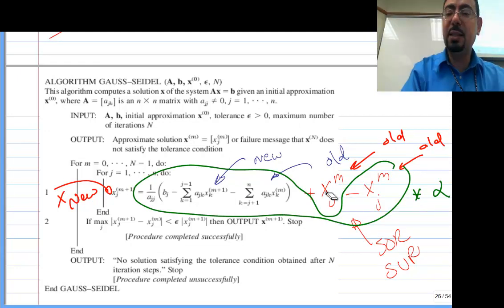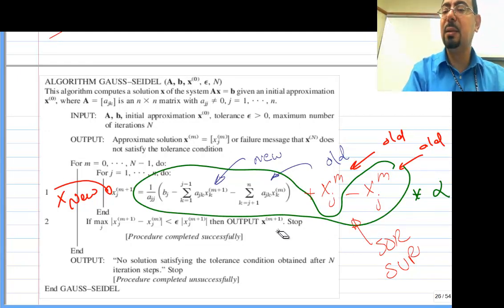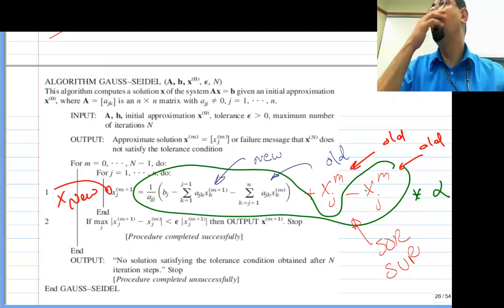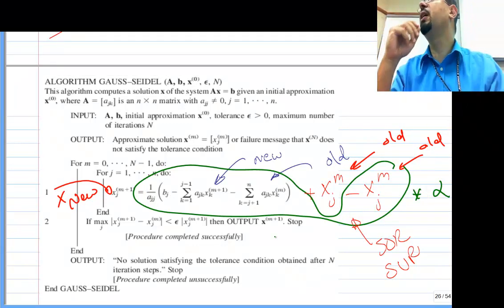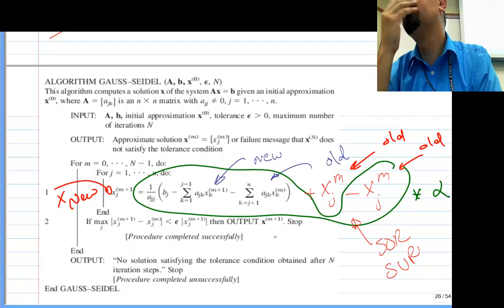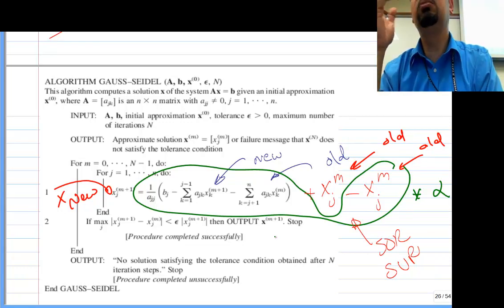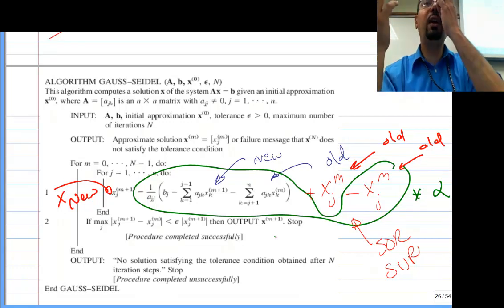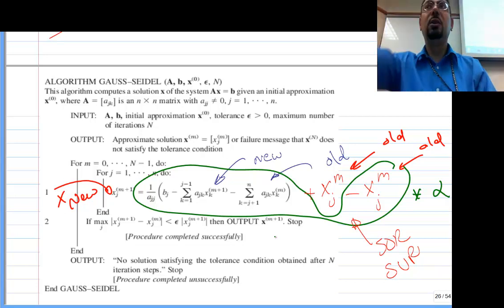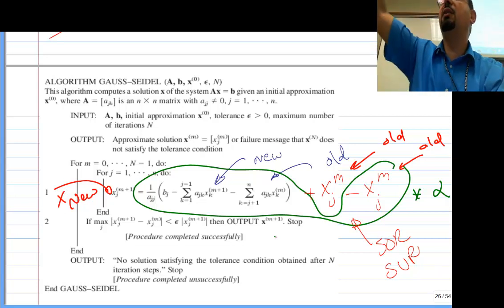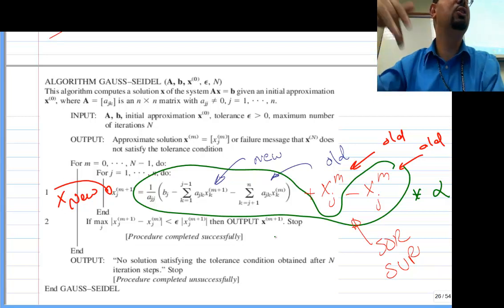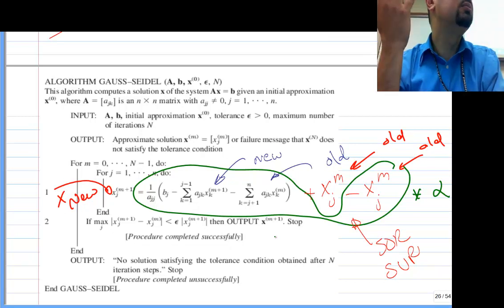So you will see the formula has x old plus this multiplied by alpha, where alpha is the successive over relaxation factor, or it could also be a successive under relaxation factor depending on its magnitude. Before the program starts, you will say alpha is 1.5, or alpha is 0.7 or 0.8. Then it's under relaxation, not over relaxation. Does this make sense?